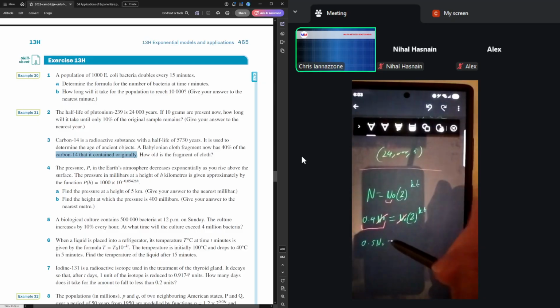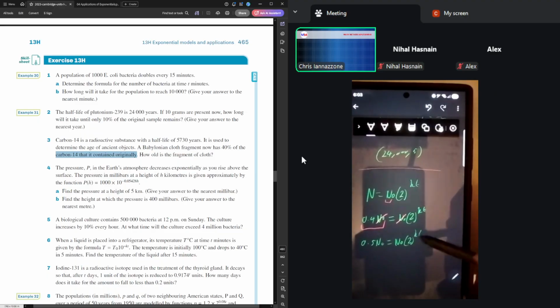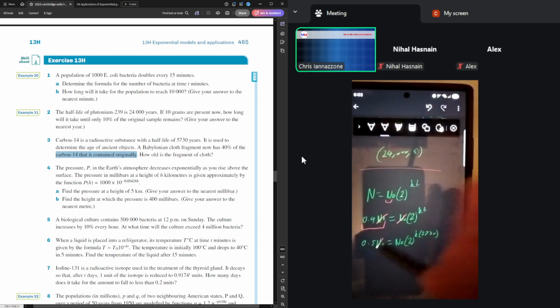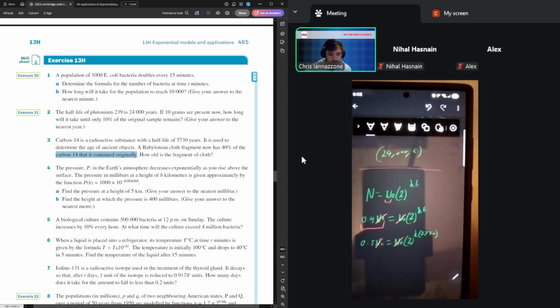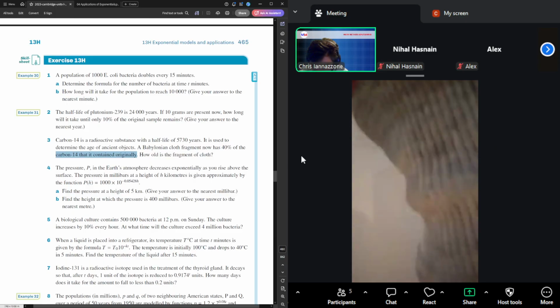So 0.5 N0 is N0 times 2 to the KT, but because we're told the half-life is a time value, we now have a replacement for our T: 5730. And now we're happy. Now we only have K in that equation, which we can now solve. I'm pretty sure it's just going to be negative 1 over 5730. Let's validate.